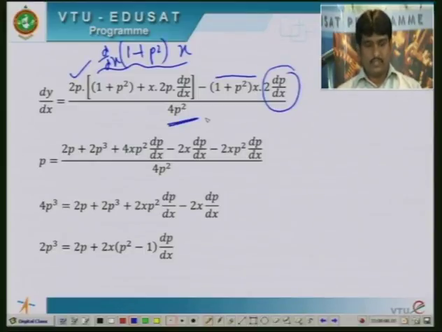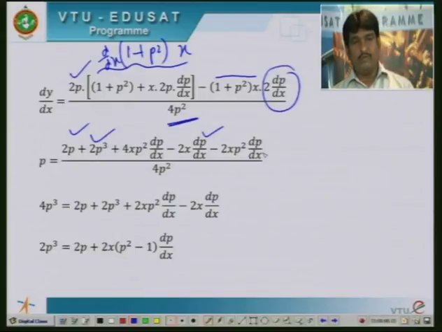Now you simplify this. Multiply 2p into 1 to get 2p, plus 2p cube, multiply 2p to the third term, which makes it 4x p square into dp by dx, minus, simplifying this, 2x into 1 is 2x, 2x into dp by dx, minus 2x p square into dp by dx, divided by 4p square.